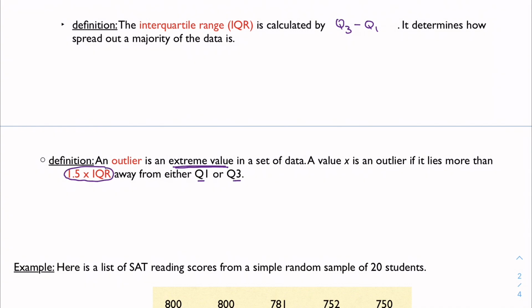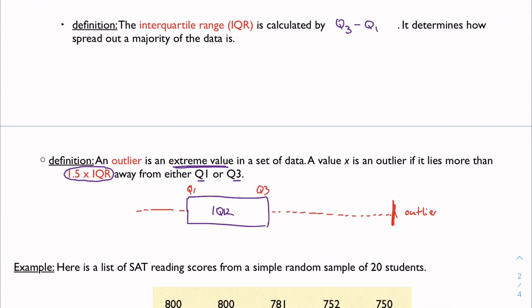If I were to visualize this, here's my IQR. I want to go out 1.5 times that, and here's my cutoff point. Anything past there is an outlier. That's Q3, right? And here's Q1, and I'd want to do the same exact thing. Go out way far away, and here's my cutoff point again for outliers.